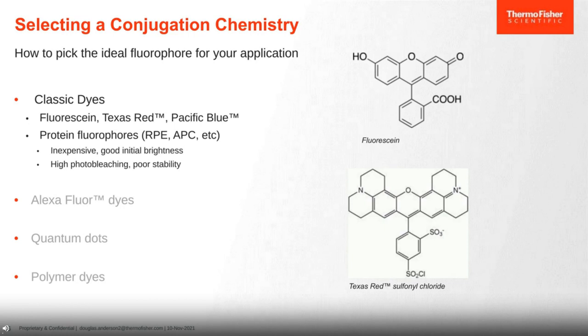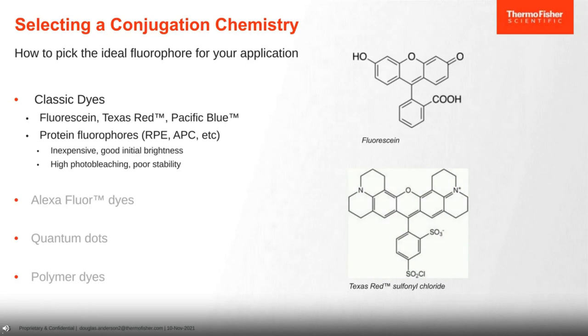I know one of mine has a filter that's just called TRITC because everything was done with Texas Red back then. So these classic dyes still have a use in today's market. They're generally very cheap, and they generally have good initial brightness, but they're not the brightest things out there. They've been around for 40, 50 years.